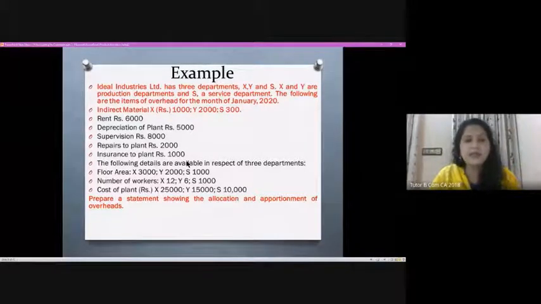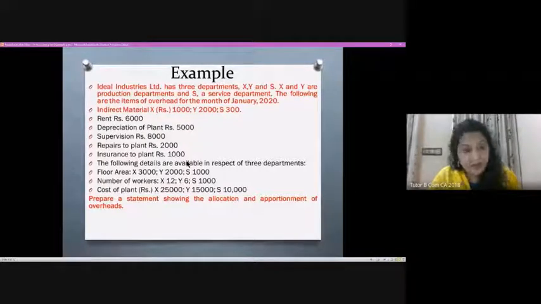Now, as we have learned in our previous classes, we know that rent needs to be apportioned on the basis of floor area. Because in the question, you can see that there are 3 bases given as additional information. 1 is floor area, 2 is number of workers, 3 is cost of plant.